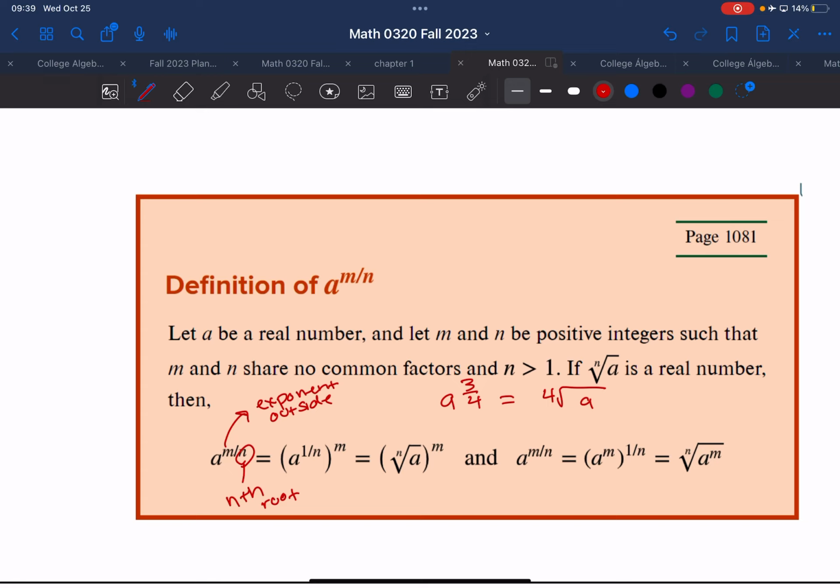And that top number 3 is telling us that we are going to cube that entire problem. So the 4 went attached to the radical and the 3 went on the outside of the problem. We're going to use that knowledge to convert each expression to radical form. Any questions before we look at the examples?